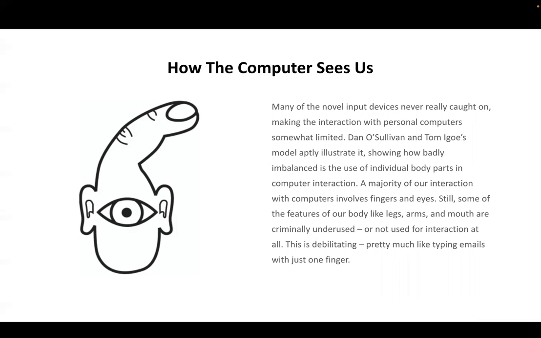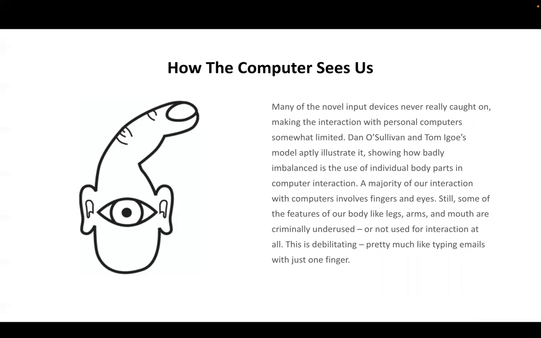A majority of our interactions with computers involve the fingers and eyes. Still, some features of our body, like legs, arms, and the mouth, are primarily not understood or not used for interaction at all.